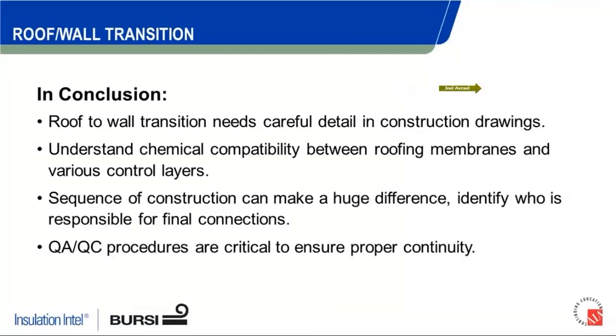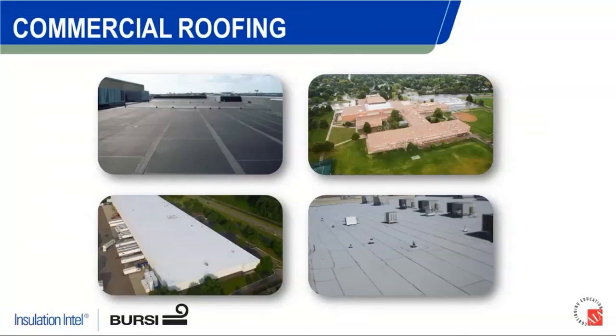Jeff did a great job walking us through the walls and through that transition. We are now going to spend the rest of this presentation talking about roofing systems. With commercial, low-slope roofing, there are a ton of different options for how you're going to put that roofing system on, and the type of materials used.